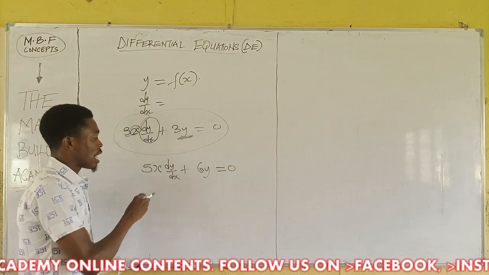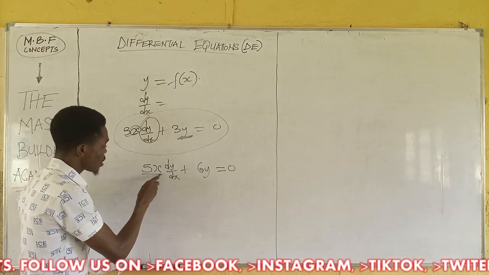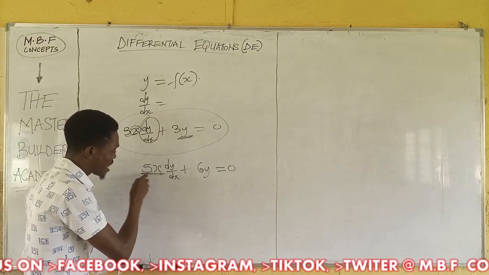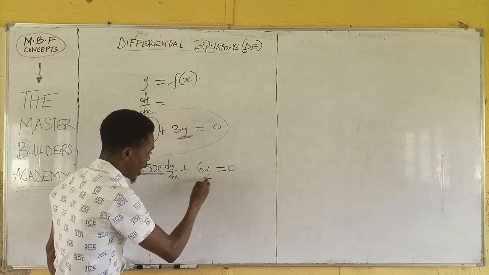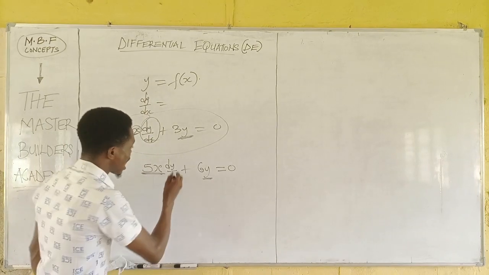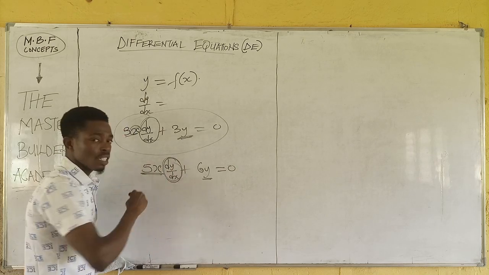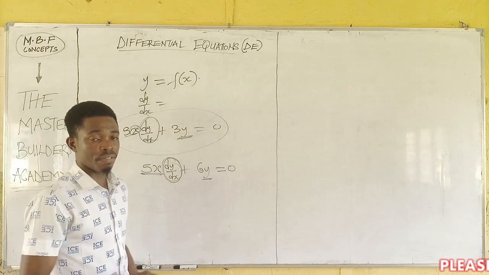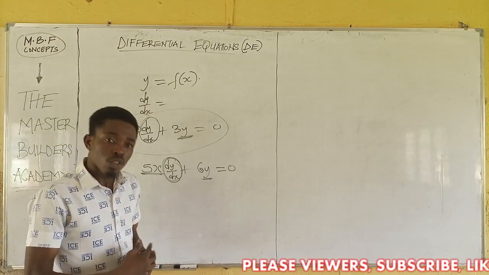Now let me quickly explain the concept of this question. This x here is the independent variable. This y here is the dependent variable. And dy over dx is the derivative of y with respect to x.